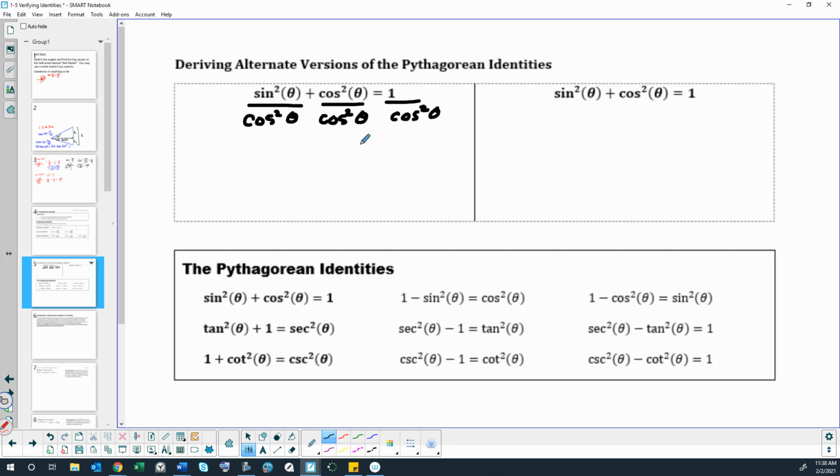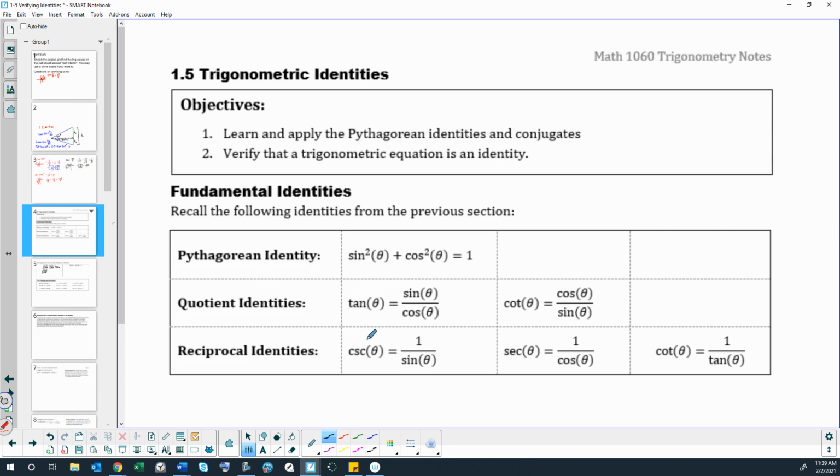All right, going back to our list of identities, what is sine over cosine? We just talked about that. Now, of course, these are both squared, so I'm just rewriting this as squared. This takes us back to an identity on the upper part of the page.